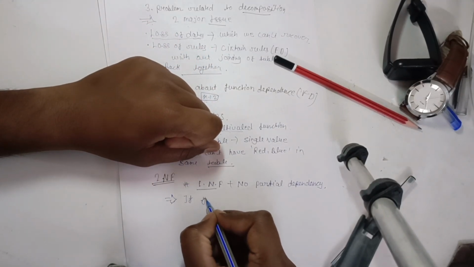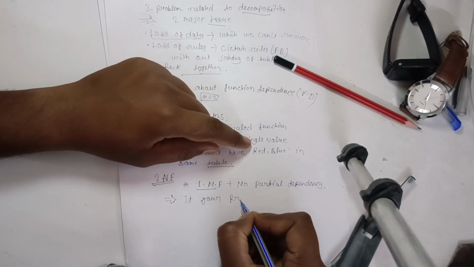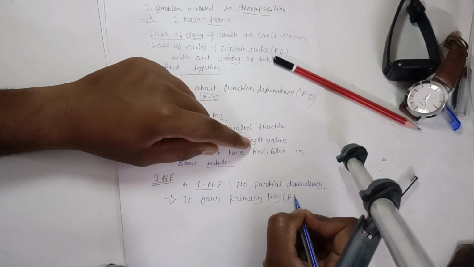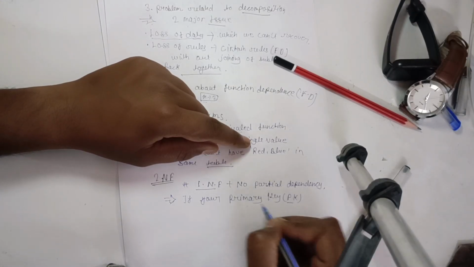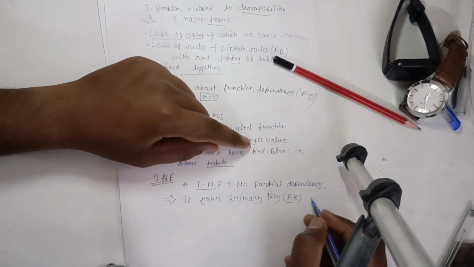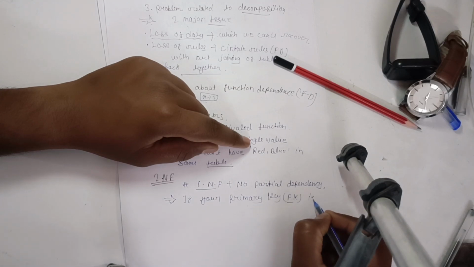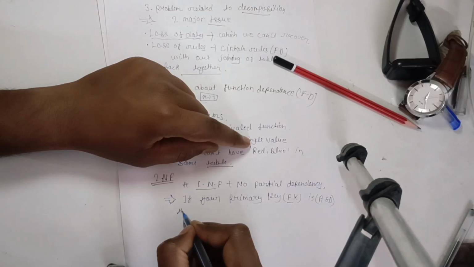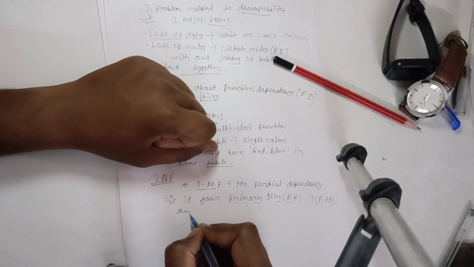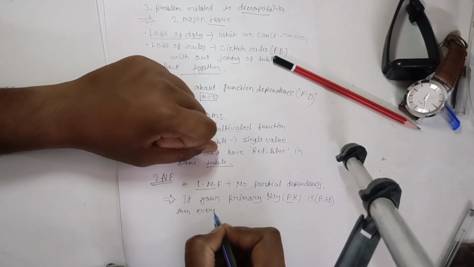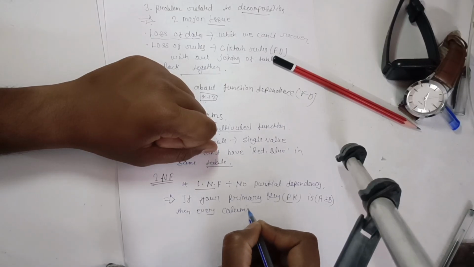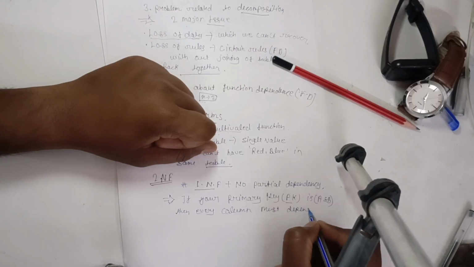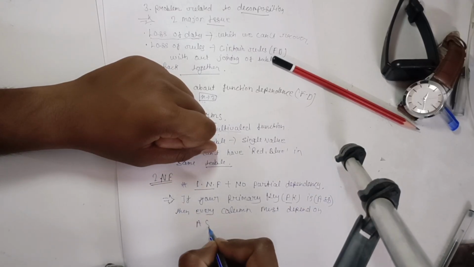If your primary key, I can also write it as PK, and next time I will write only PK because it's too long. If your primary key is A and B, then every column must depend on A and B both.